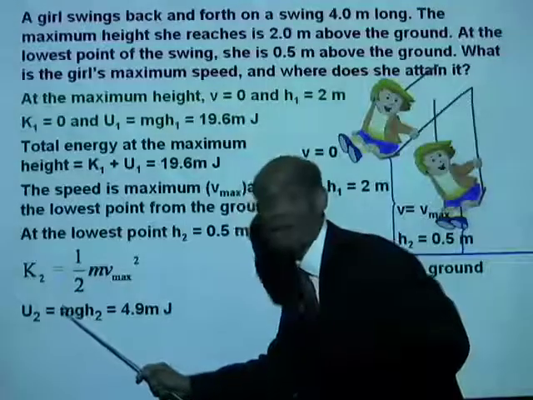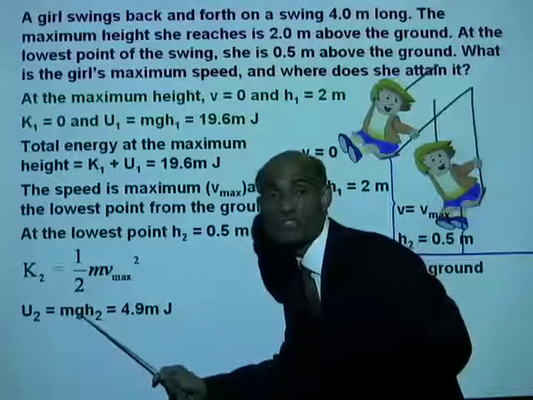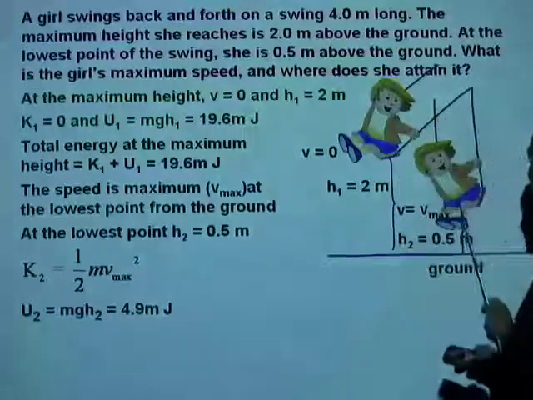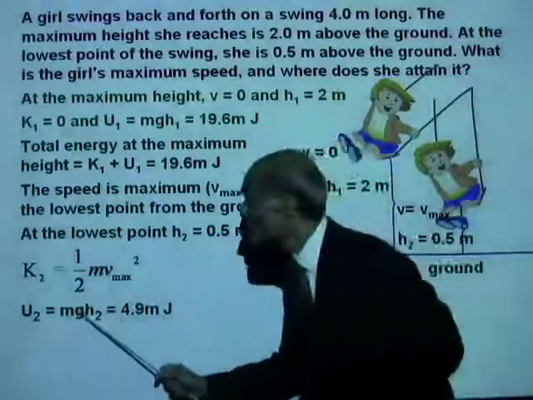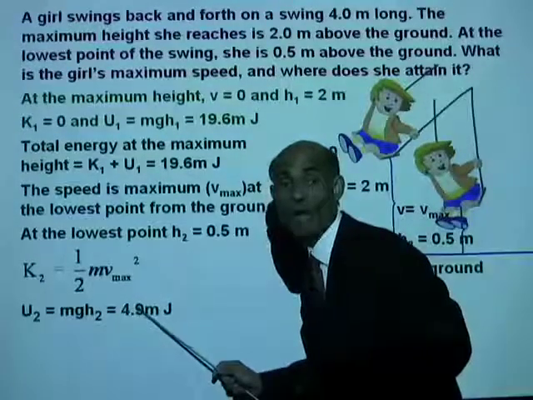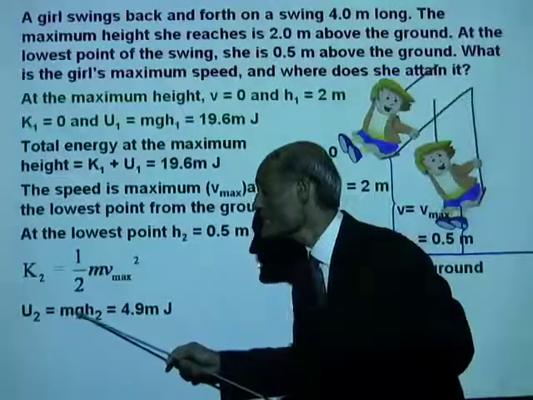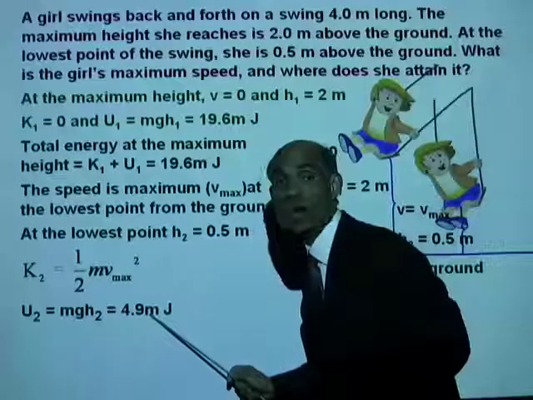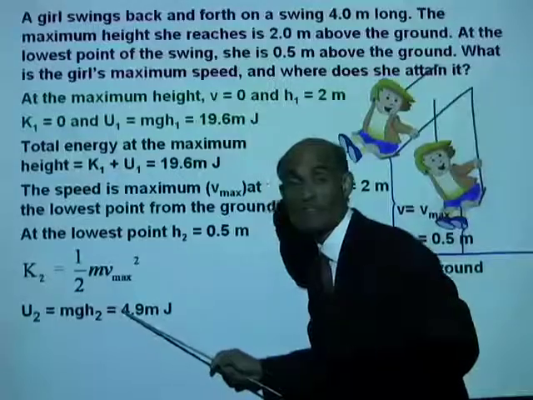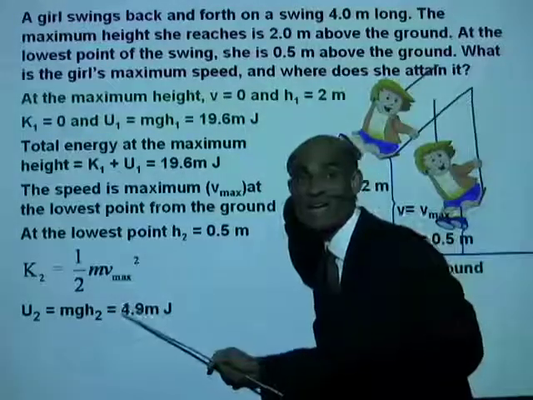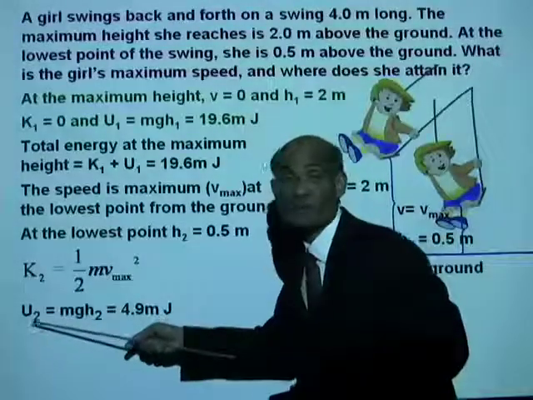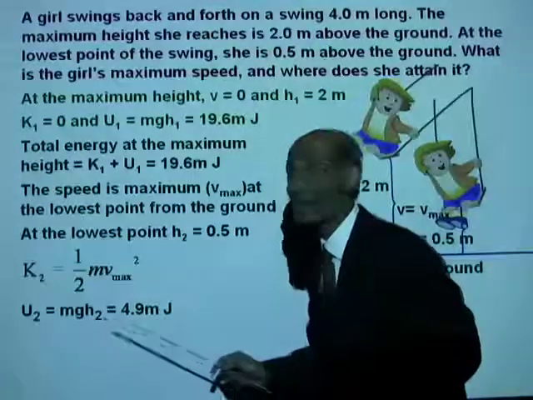Now we don't know m, so we leave it like this. g is 9.8, h2 is 0.5 meter, so 9.8 times 0.5 is 4.9. So mgh2 is m times 9.8 times 0.5, that is 4.9 m joules. That is the potential energy at that point.